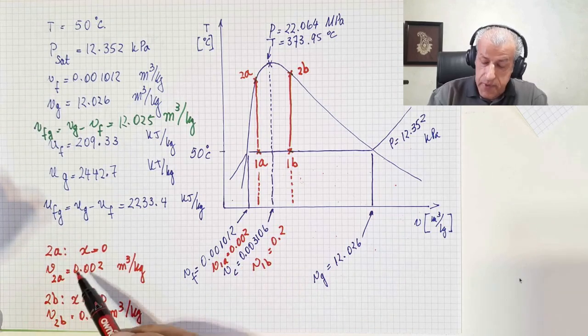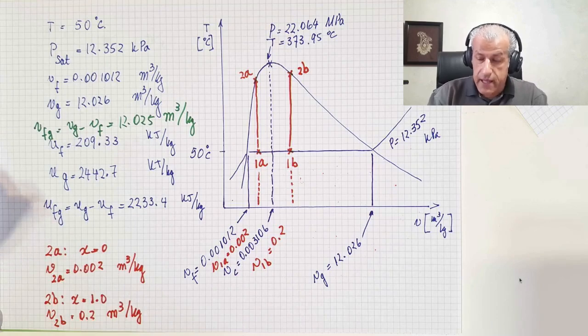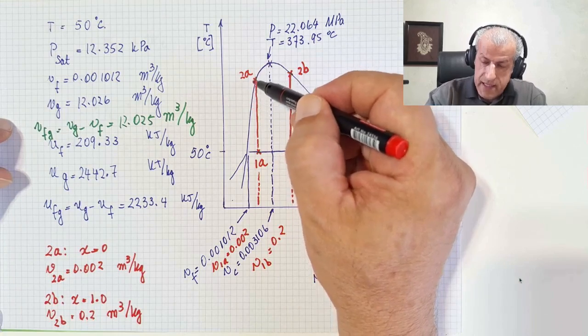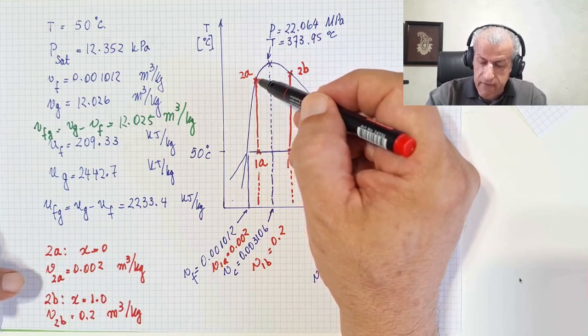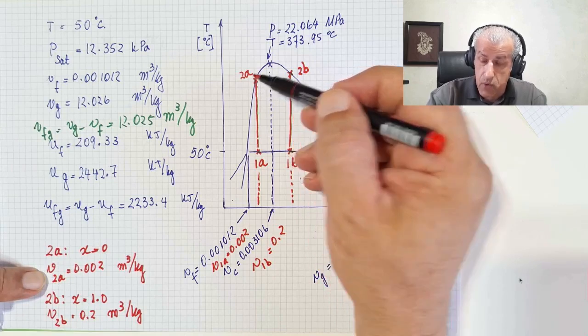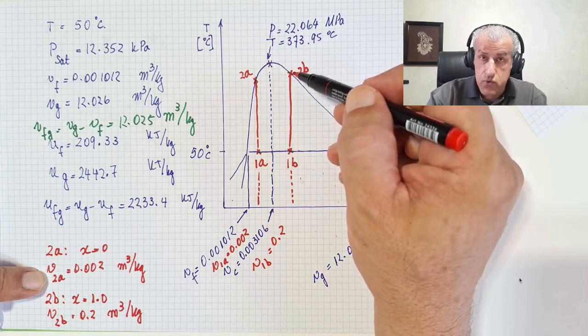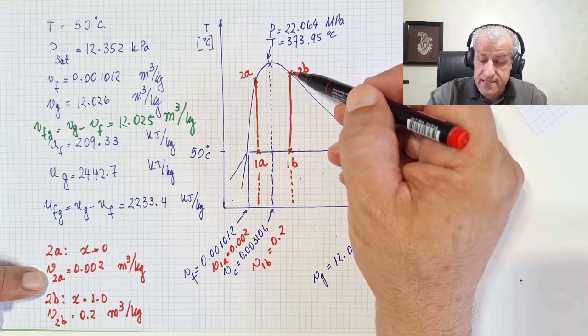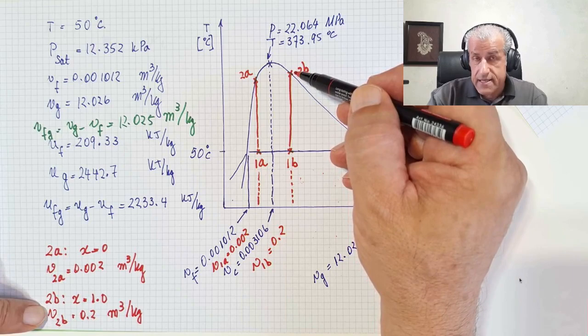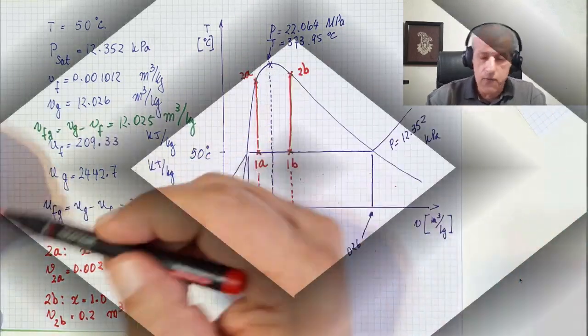We know two properties for each final point, and all we need to do is to go to the table and see on the saturated liquid line where the specific volume is 0.002, and that's the point we want. Again, we have to go to the saturated vapor line and see where on it the specific volume is 0.2, and that is exactly the point that we are looking for. So that's what we are going to do right now.